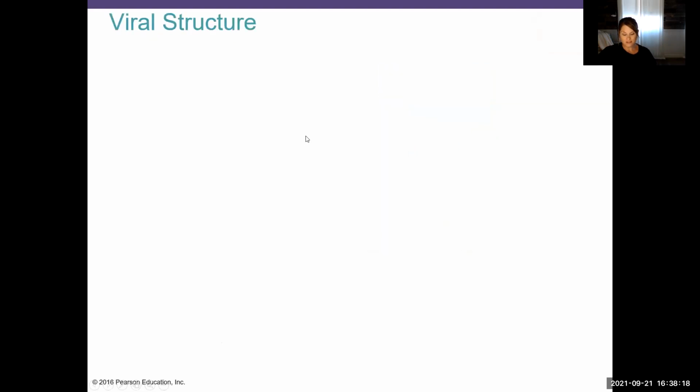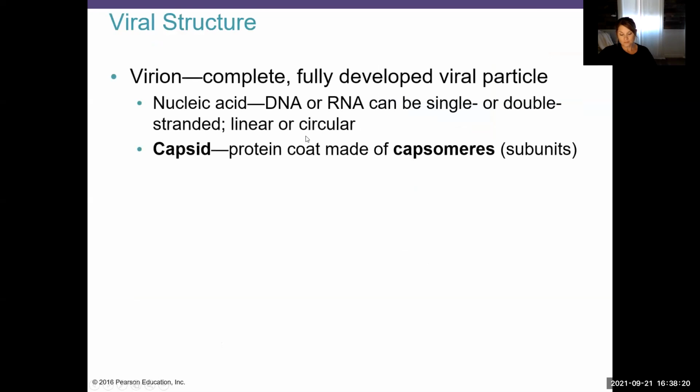Okay, so let's get into some viral structure then. We talked about size, let's talk about their structure. They're pretty simple, as I've already said. We call a complete, fully developed viral particle a virion. A virion consists of at least 2 things. One, nucleic acid, and that can be either DNA or RNA.